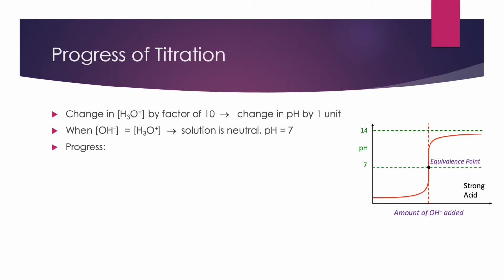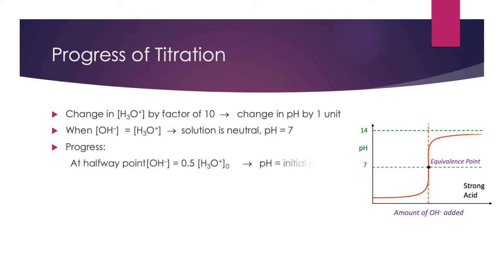But let's see if we can understand how the curve changes as we add the base. Now, I need to remind you that pH is a logarithmic scale. So if I change the pH by 1 unit, that's changing the concentration of the hydronium ion by a factor of 10, and that's part of what contributes to the shape of this curve.